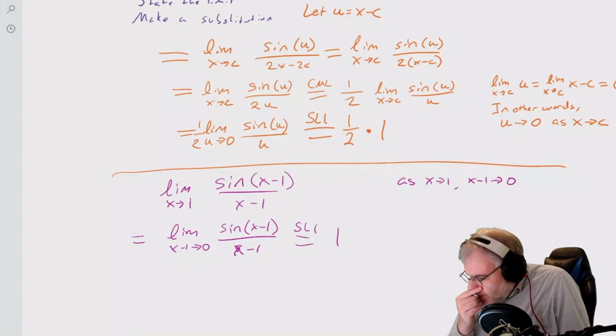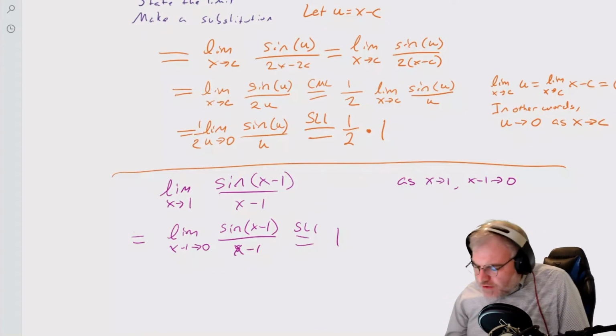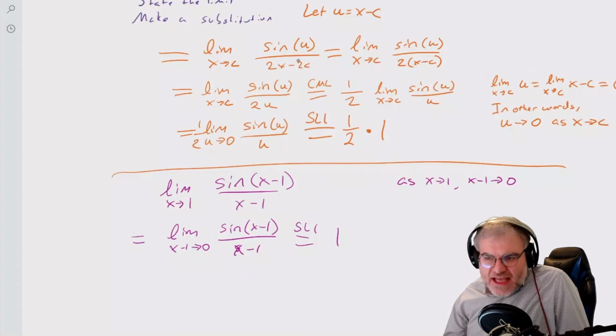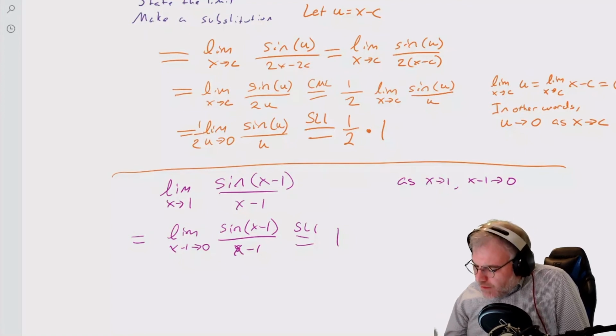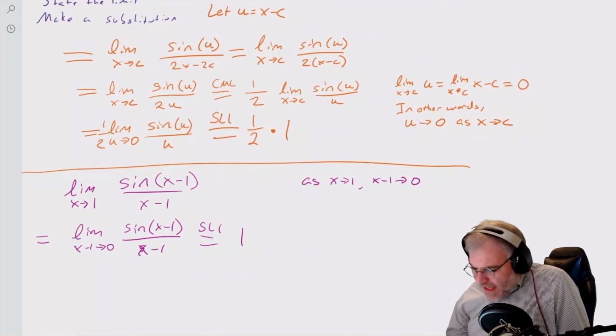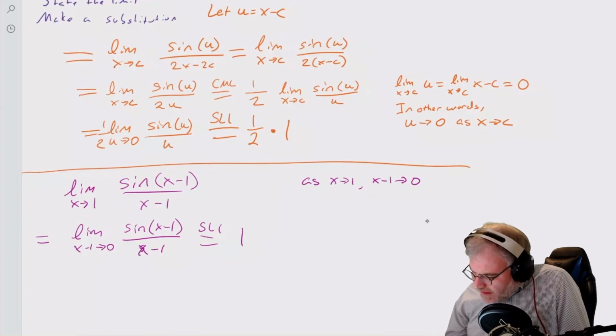No, you can't. So the question is, can I just factor out the 2 and then cancel the x minus 2's? And the answer is no, because the x minus 2 is trapped inside sine. As a good example of that, ask yourself the following.